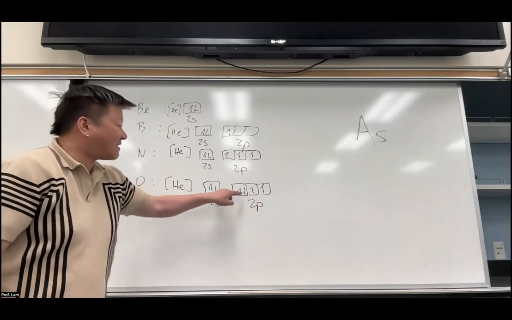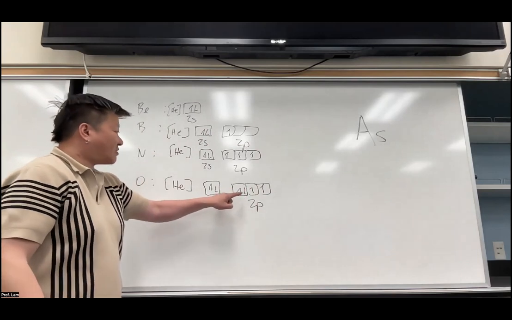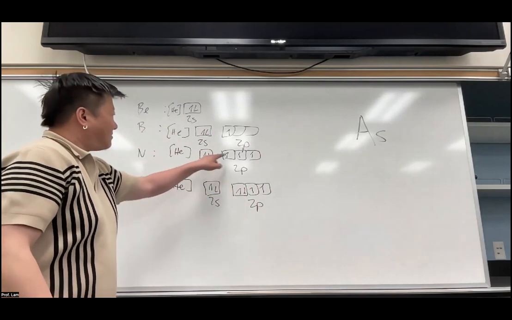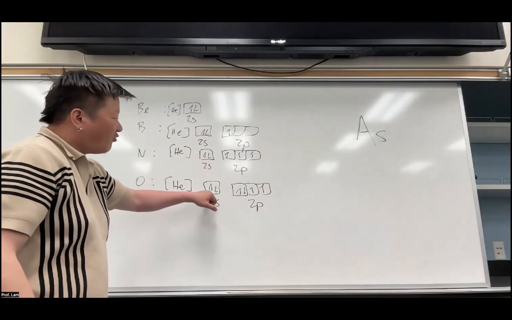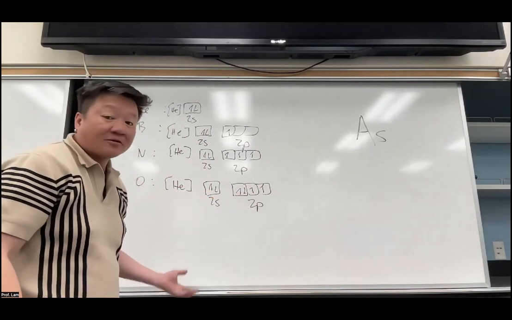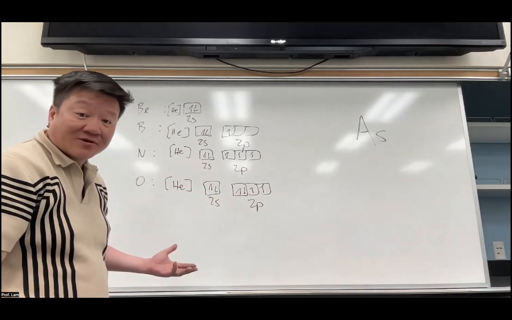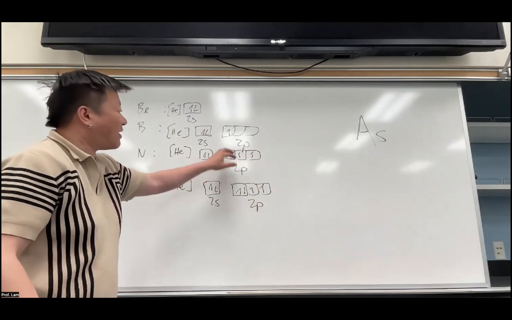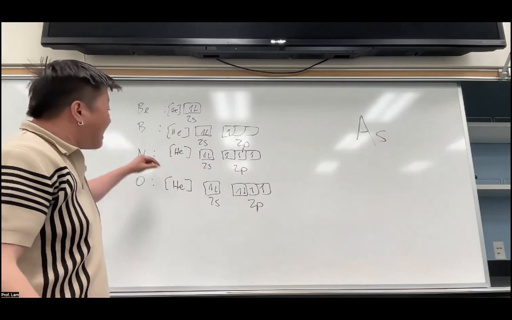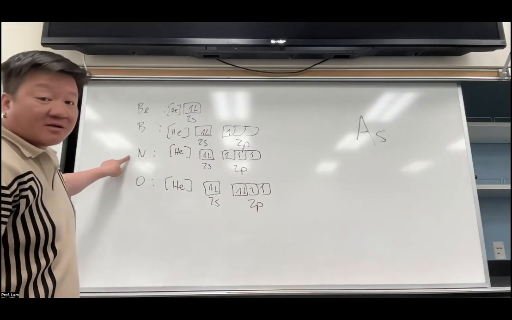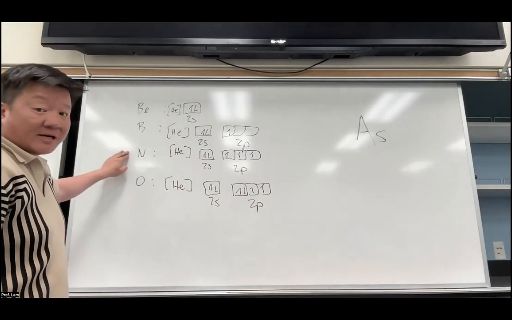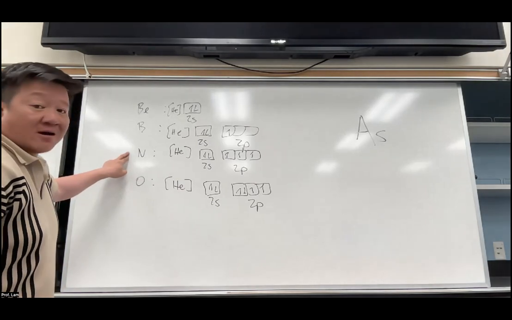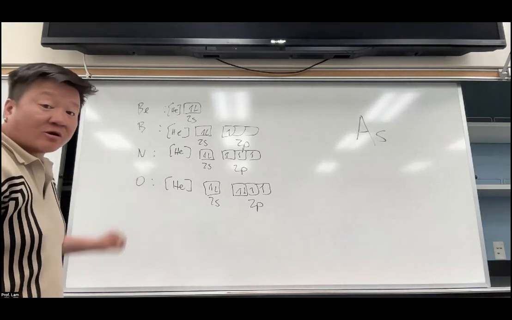If I take this last electron of oxygen, I get a configuration with a fully filled subshell and a half-filled subshell. That's a really nice configuration. But if I take this electron away from nitrogen, I screw up a really nice configuration. And so that's why nitrogen's ionization energy is higher. It's harder to take an electron from nitrogen than oxygen, even though nitrogen is larger.